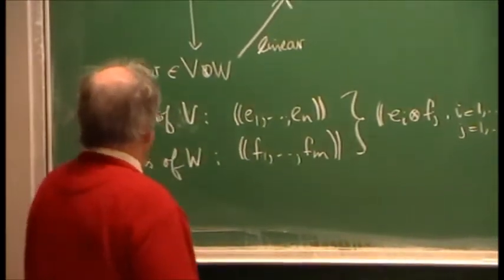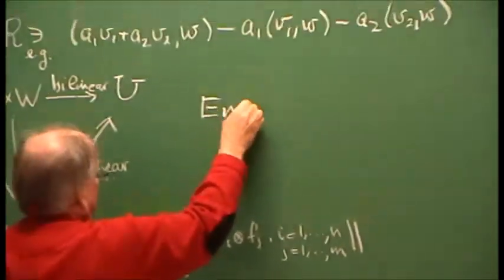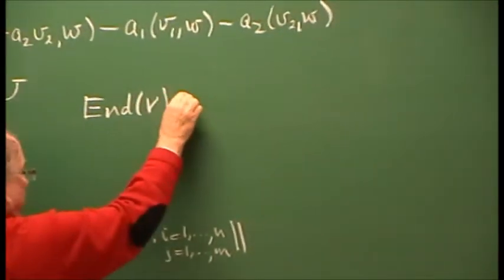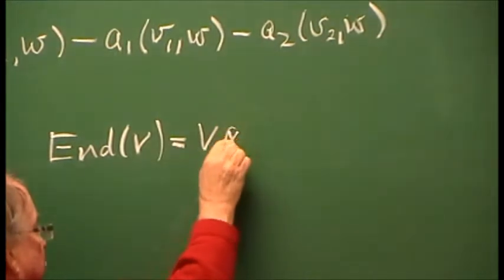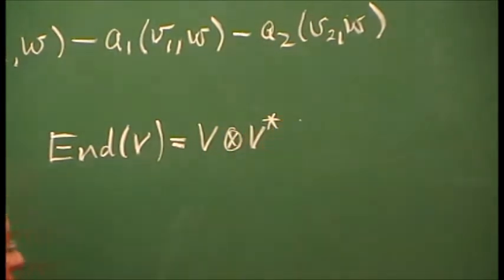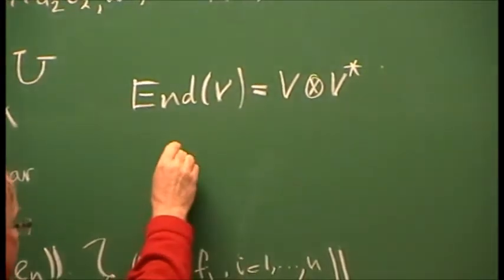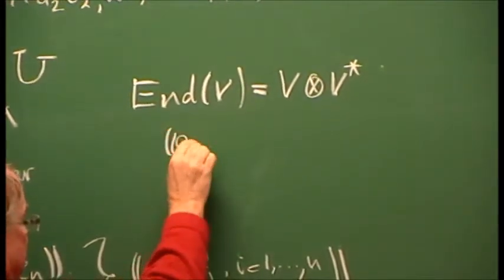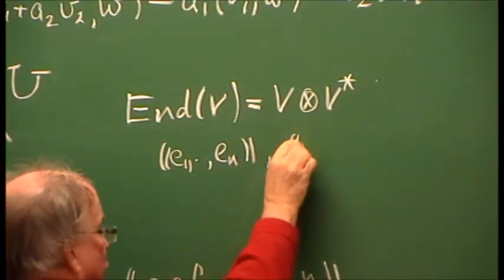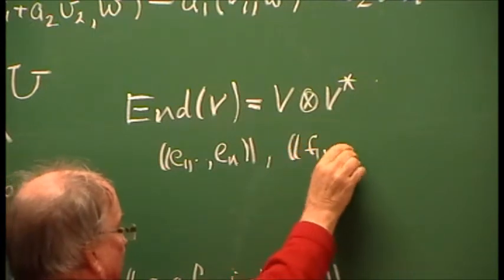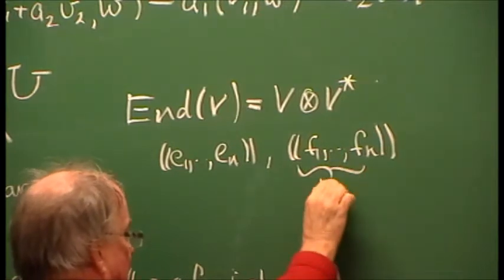And as a concrete example, I pointed out to you that the endomorphisms, for example, can be regarded, using this universality principle, as V tensor V dual. These are the linear operators on V itself. So if we have one basis here, we just take a basis, frame, depending on how you want to call it, E1 through En, and on the dual, take the dual basis, E1 through En.